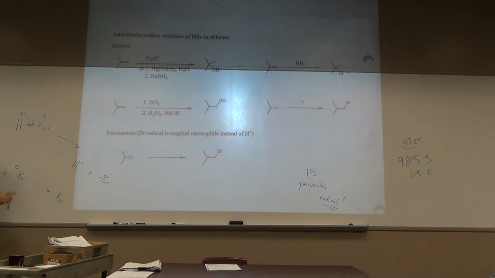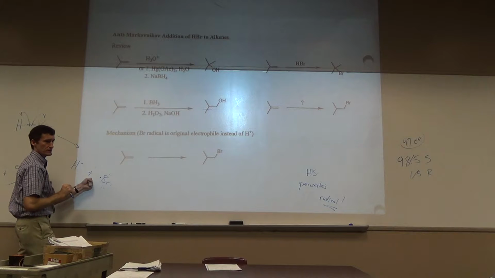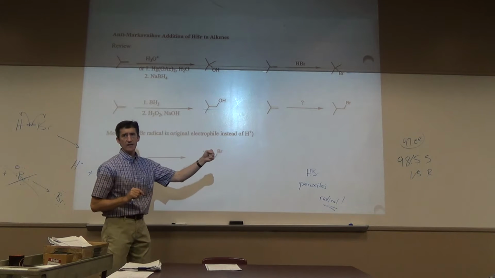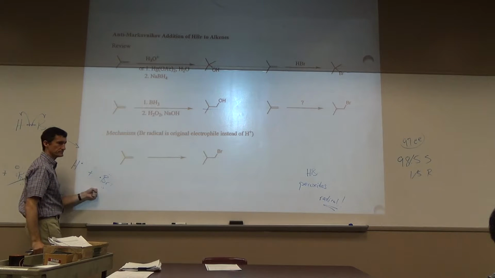But we are also going to have H radicals at some point. While to me this may be a little more intuitive, I don't think it's what you're going to see in the textbook. Let's just do homolytic bond cleavage, get to here. Ultimately this reaction begins with bromine radicals, and we say the presence of peroxide causes this to form bromine radicals.